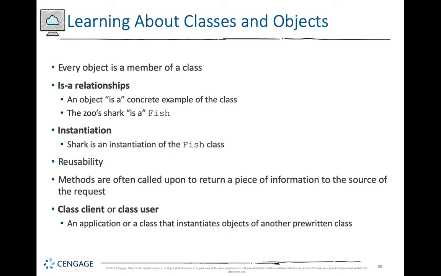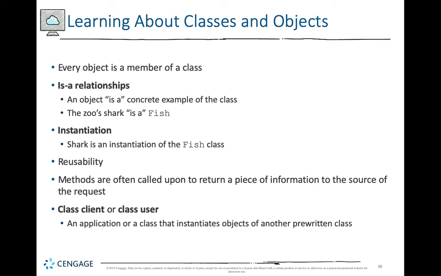So equivalent types would be, this is a classroom, right? So this meaning this room we're in, this is a classroom. That's an equivalent statement. Is-a relationships are equivalent statements.